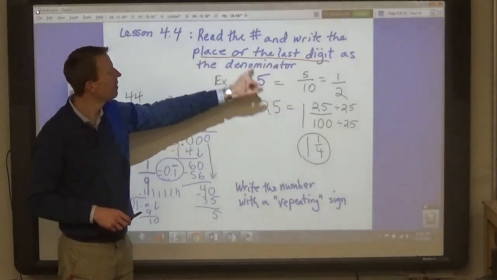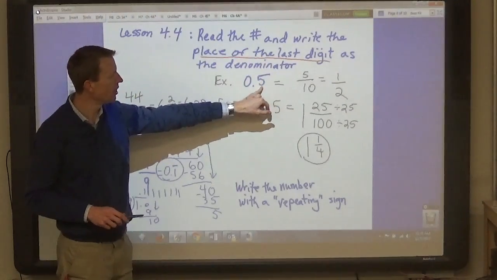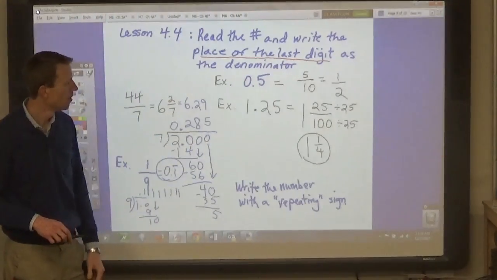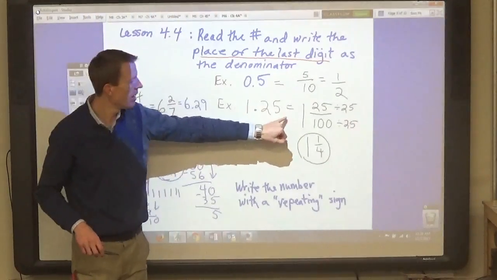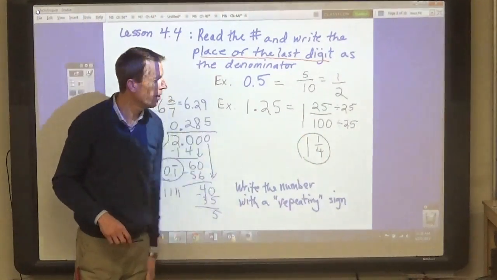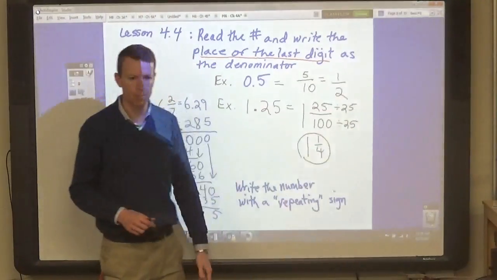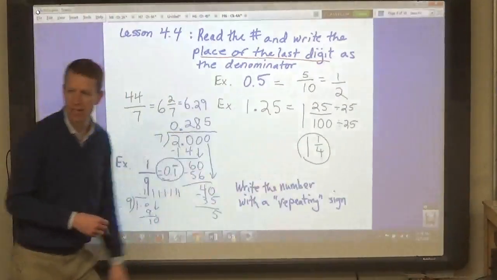What you do is read the number and then write the place of the last digit as the denominator. 5/10 is 5/10. 1 and 25/100 is written as 1 and 25/100. But always remember to then put it into simplest form. So 1 and 25/100 is really 1 and 1/4, isn't it?